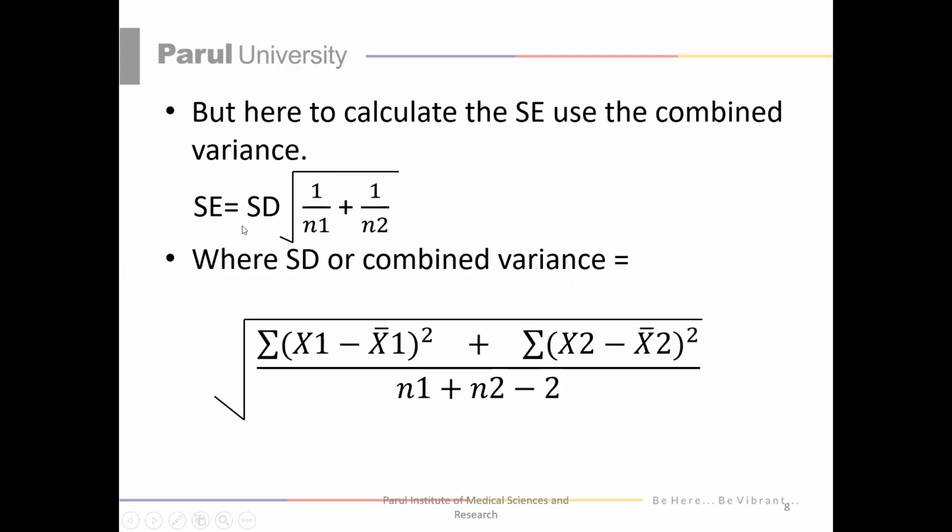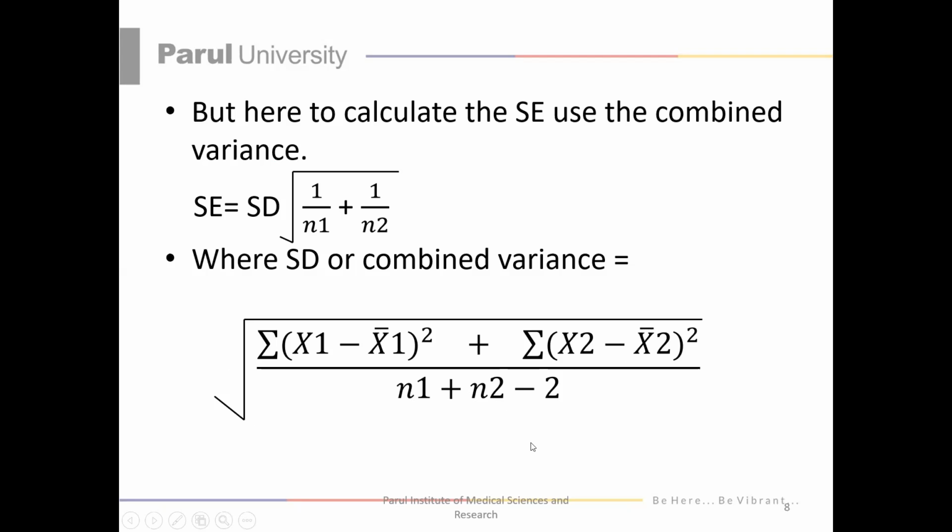So we need to calculate the standard deviation for the two populations, meaning we need to calculate the combined standard deviation, also called the pooled standard deviation. The combined standard deviation is the square root of summation of x1 minus x1 bar whole square plus summation of x2 minus x2 bar whole square, divided by n1 plus n2 minus 2.